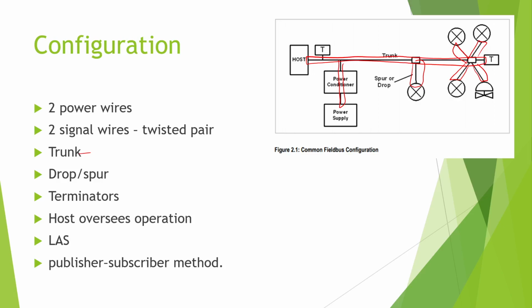Now, depending on the system that we're using, the terminating resistors are going to change. Right? Profibus may say we need 100 ohm. Another one may say we need 125 ohm or 120 ohm. And we normally, or you should, have terminating resistors on both ends of the trunk. At the very beginning, you should have a terminating resistor. At the very end.